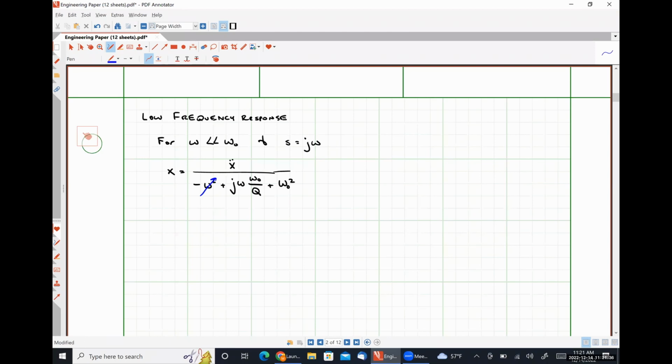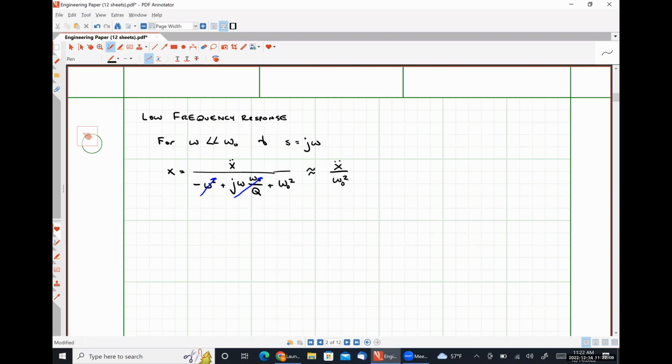Similarly, the product of omega and omega naught divided by Q should be much smaller than omega naught squared. So our imaginary part also goes away, and we find that this equation reduces to simply the acceleration divided by the resonant frequency squared.